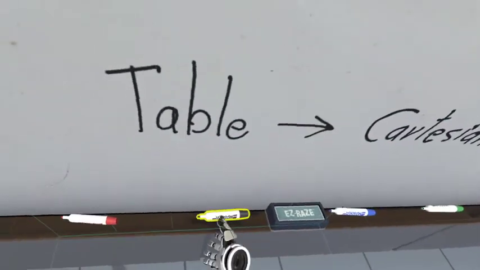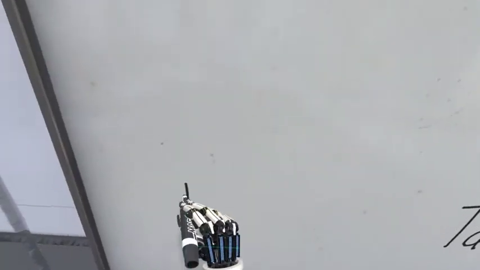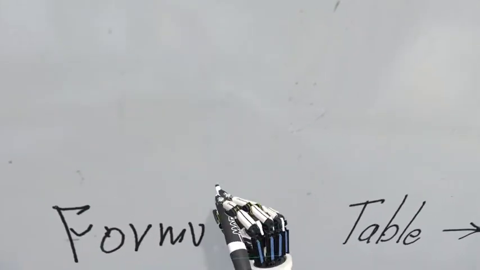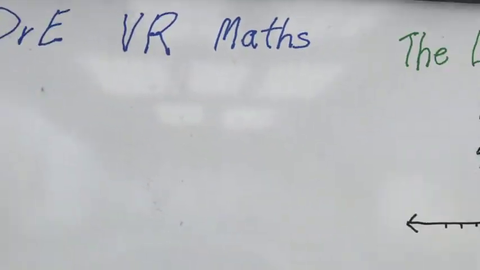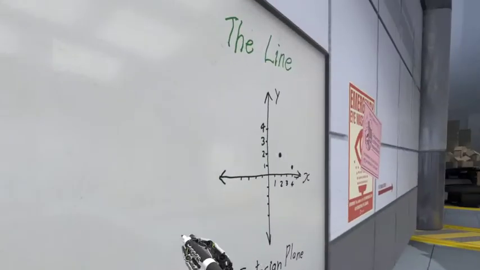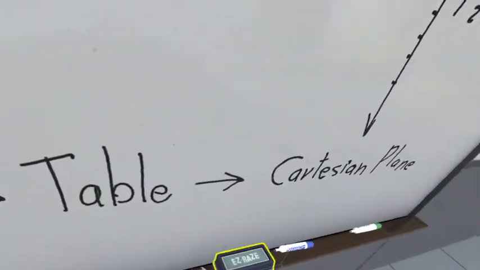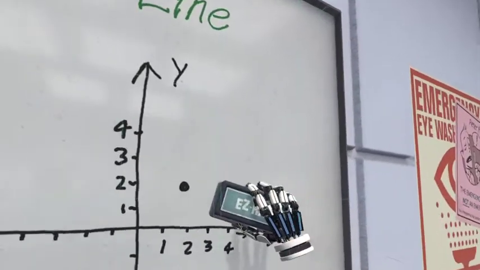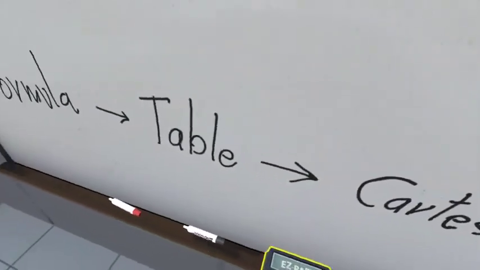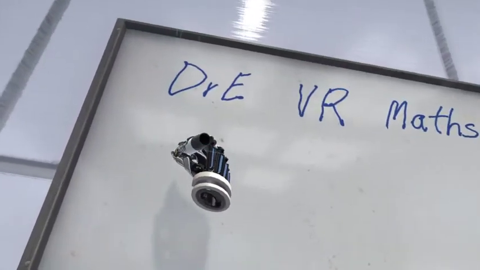What they then tend to do is give you a formula. A bit messy there, but they give you a formula in which you put in a table and then you put on your graph. So if we make up a formula, let's make up this formula.